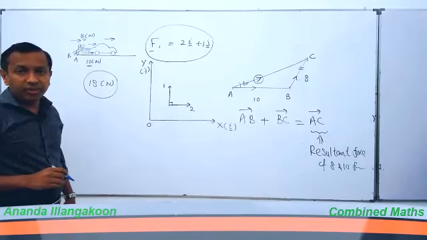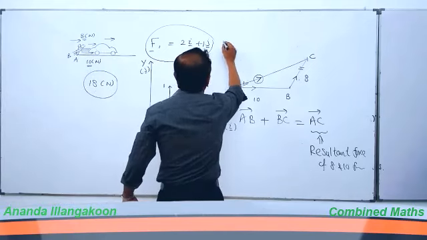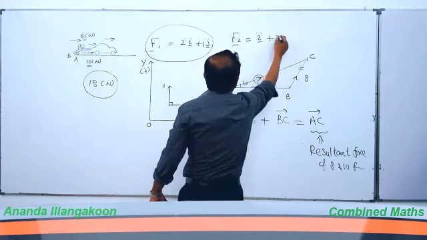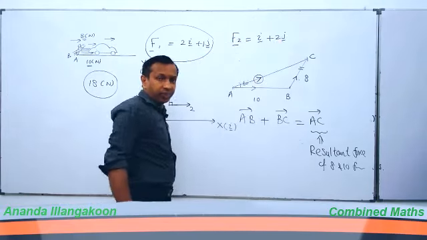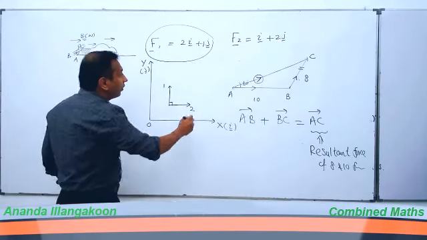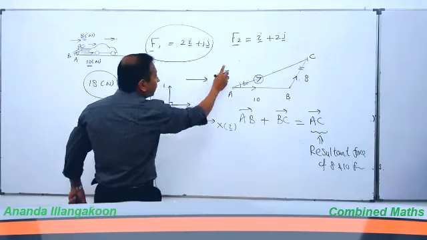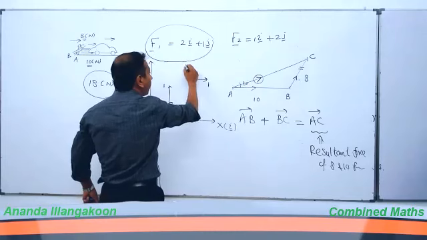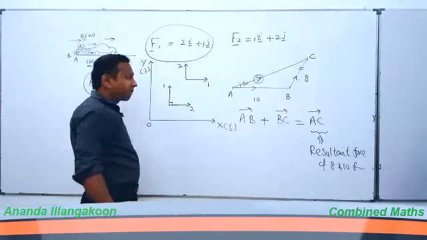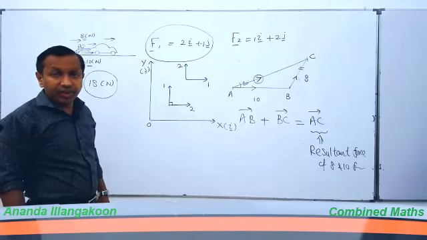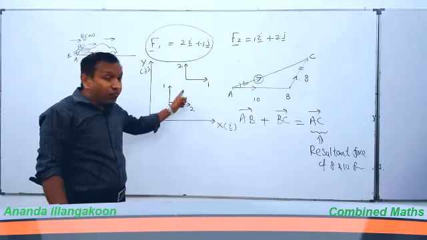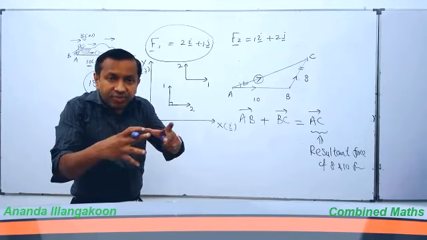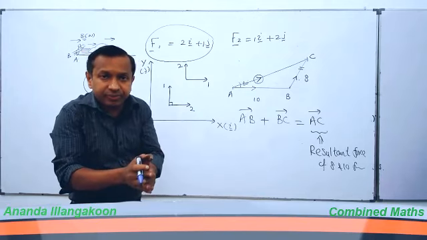Right? Suppose we have another force F2. It is i plus 2j. What is that force? It has the rightward direction with i coefficient 1, and j coefficient 2. Now suppose these two forces act simultaneously on an object.